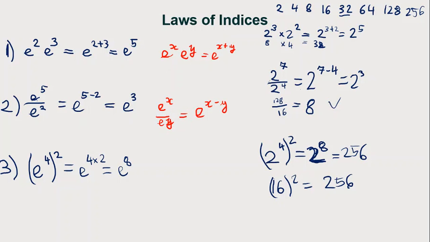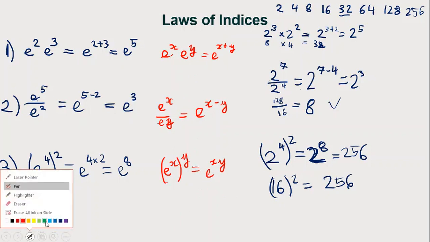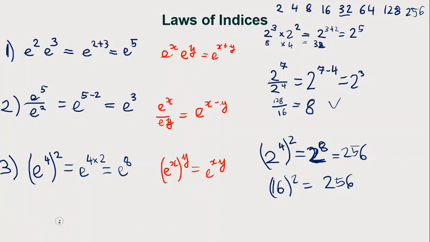Of course, you add up the indices if you had the product of terms. And the third law states that if you have e to the power of x all to the power of y, then this is equal to e to the power of x multiplied with y. So these are the three laws you need to remember. That you will be tested on it for sure.